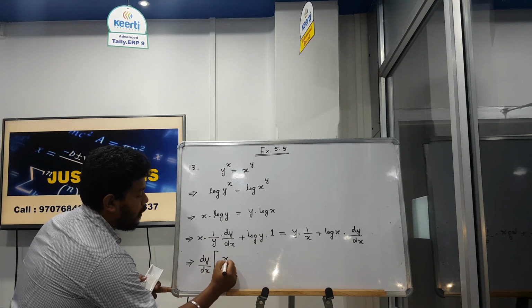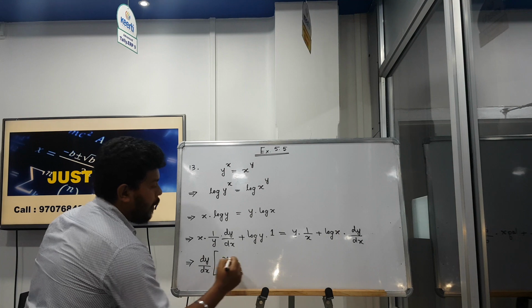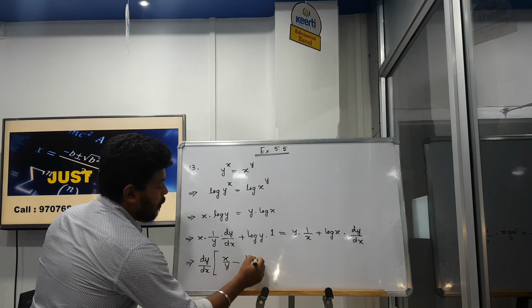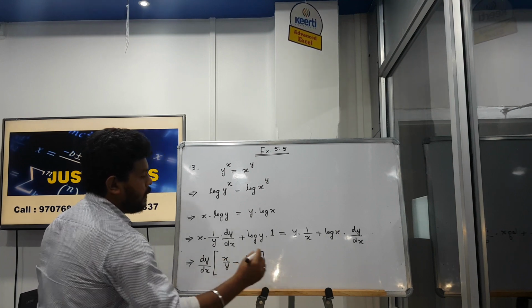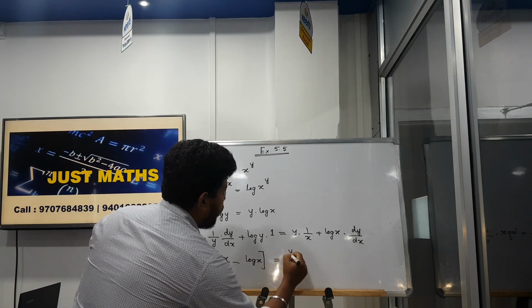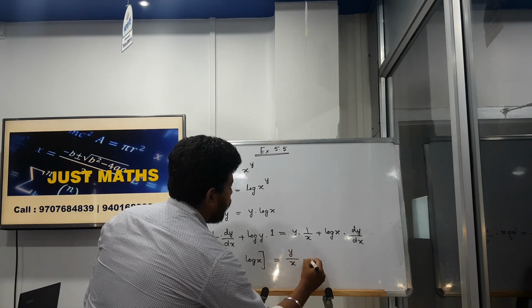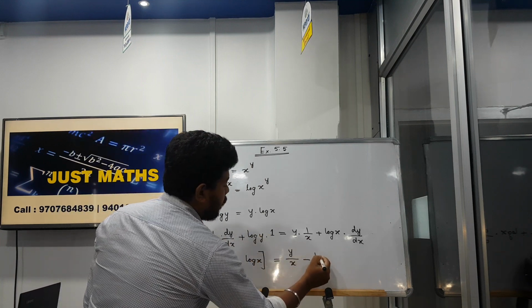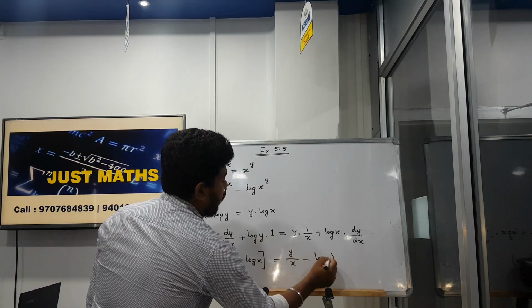You will get dy by dx, simple algebraic operation. This is x by y minus log of x is equal to y by x minus log y.